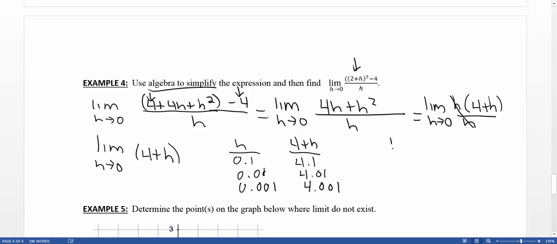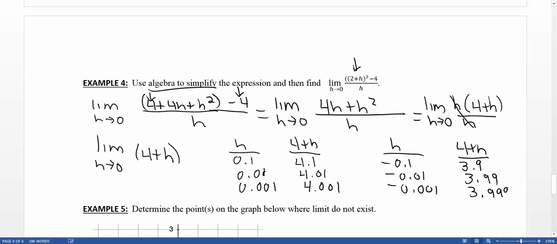When I consider what happens as I approach 0 from the left, so I'm on the negative side of 0 on that number line, I'll have negative 0.1, negative 0.01, negative 0.001. When I plug that into 4 plus h, I'm going to get 3.9, 3.99, 3.999.